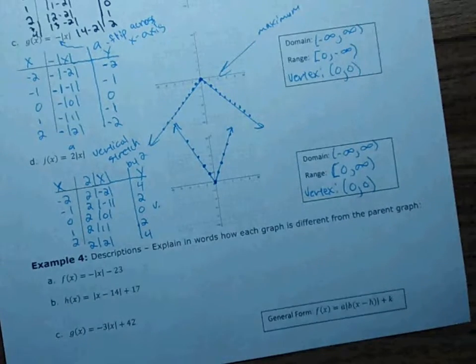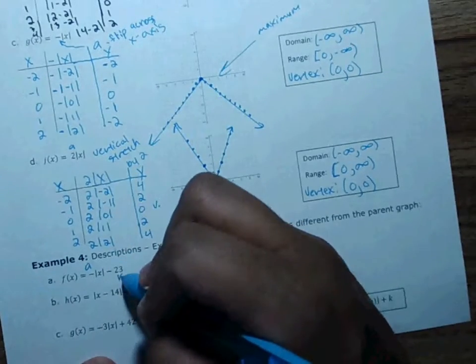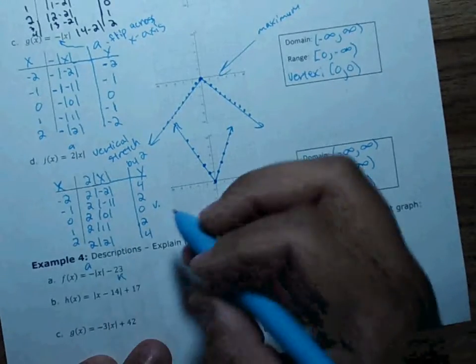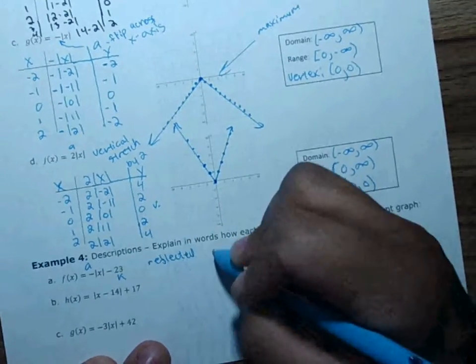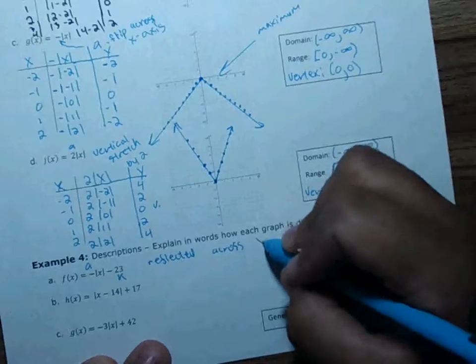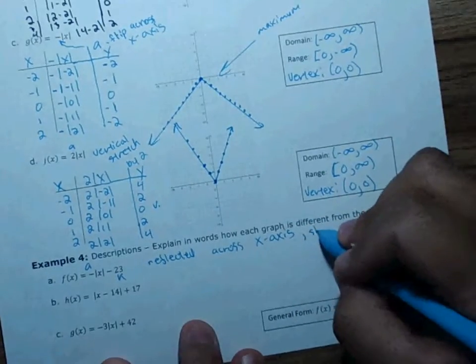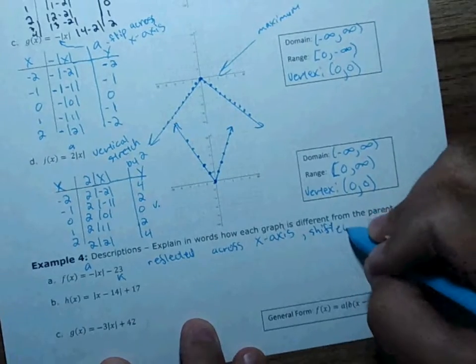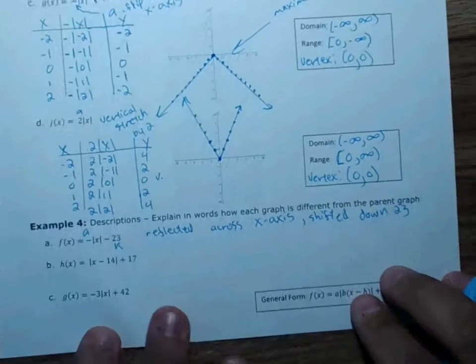And then if we look at these last few examples, again, this is A and this is K. So it's a negative, which means that it is reflected across the x-axis, and it's shifted down 23, because K moves my graph up or down.